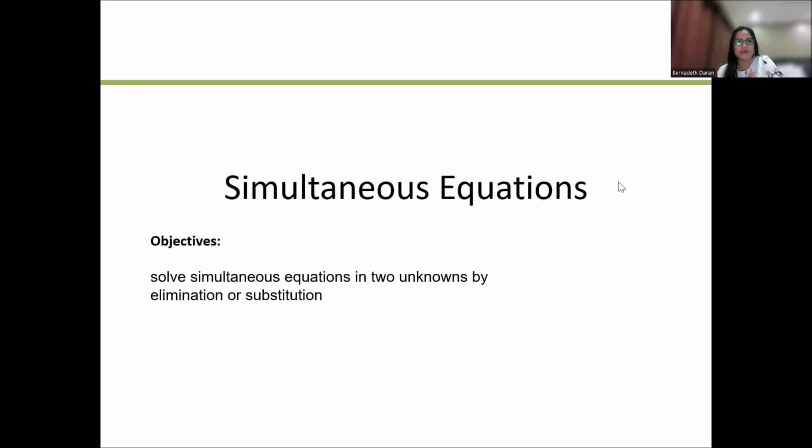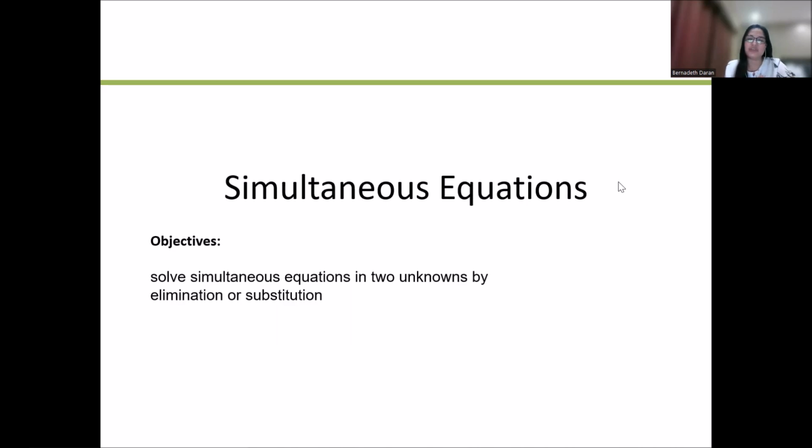Okay, now let's talk about first, why are we talking about simultaneous equations? Simultaneous equations are equations that are all true at the same time or for the same set of values of the variables. So they have solutions that work for all the equations at the same time.